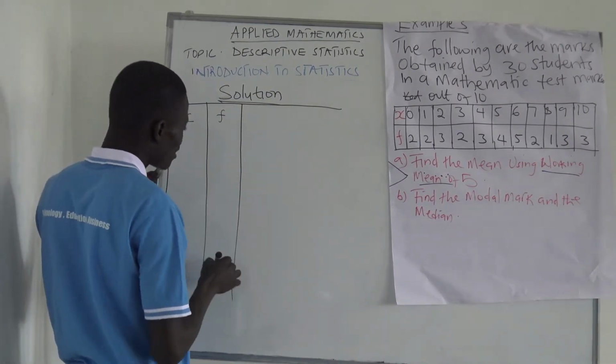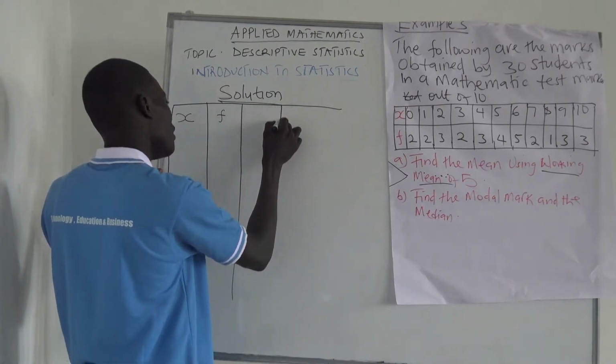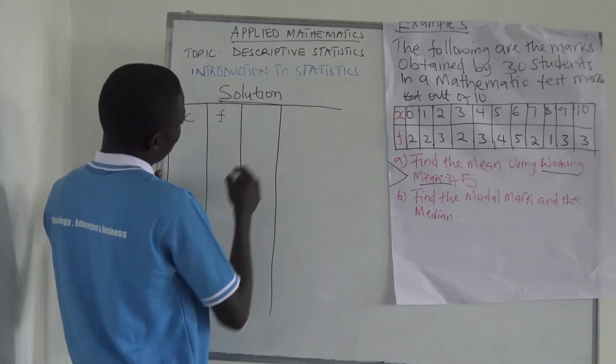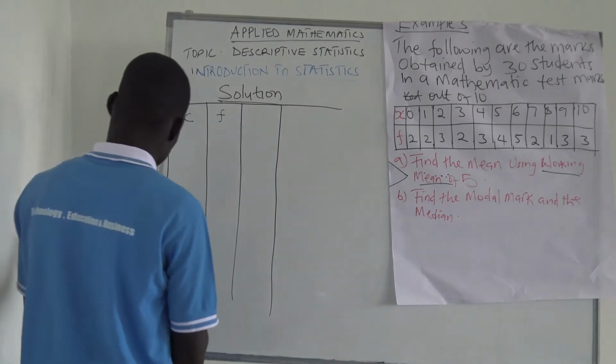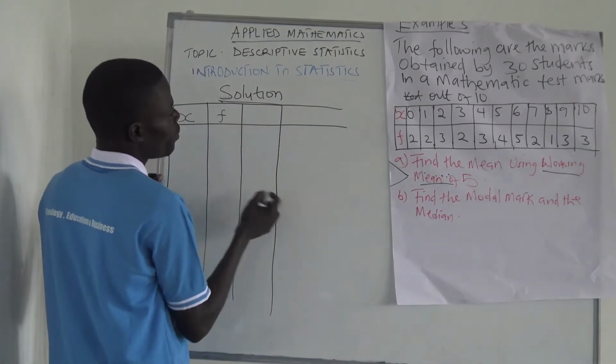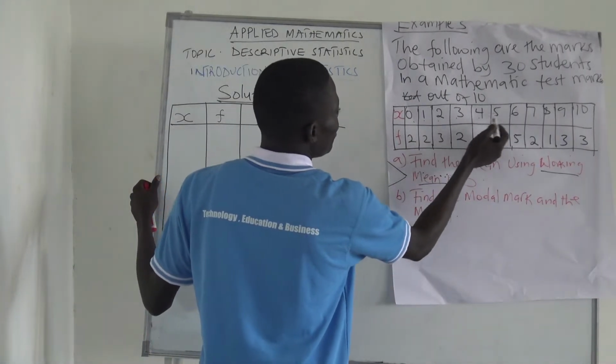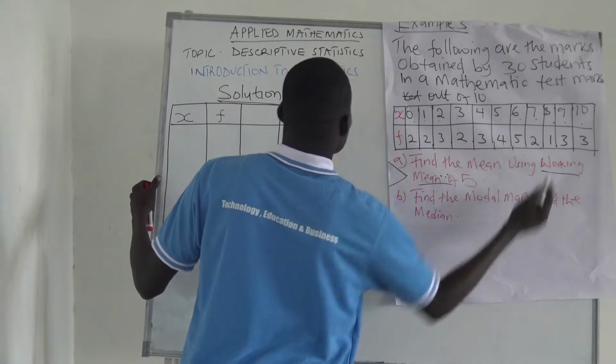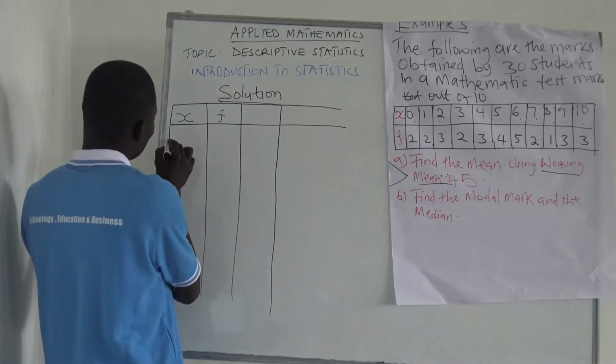Use rulers. So the value of x we have 1, 2, 3, 4, 5, 6, 7, 8, 9, 10, 11. So the table must have 11 columns.